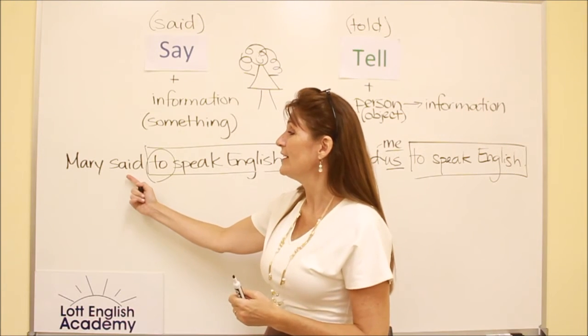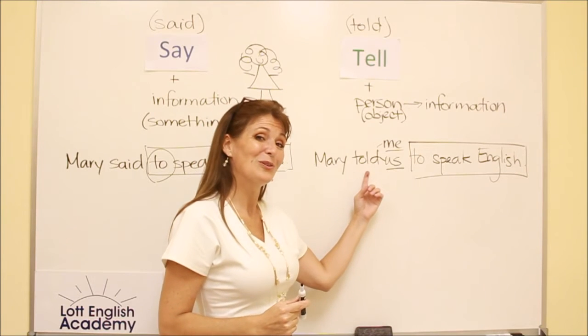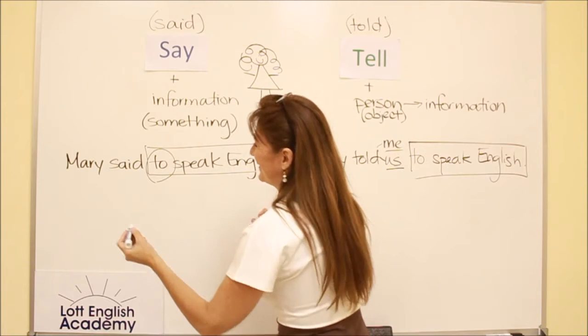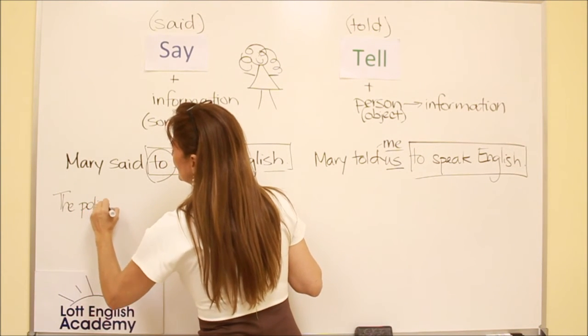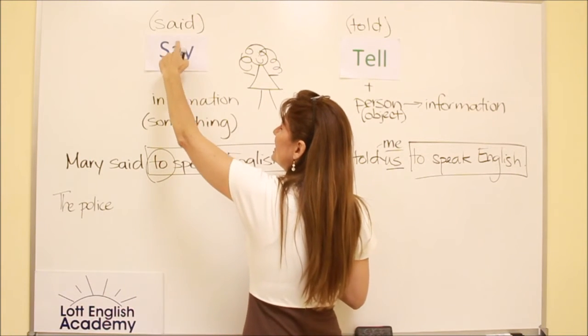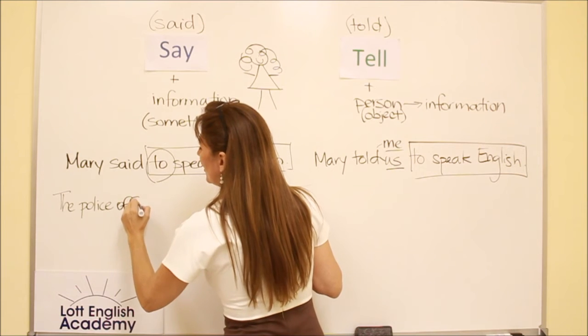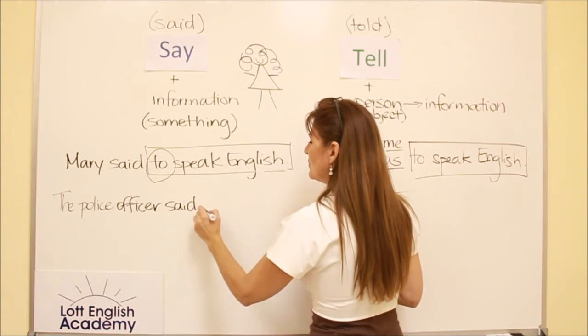To tell the story, you need to use said or told. So let's try it. Let's make the sentences. If we want to use the word say in the past, said, the police officer said, what would you put here?